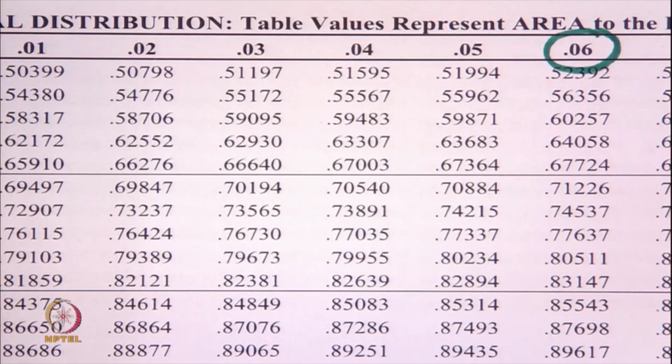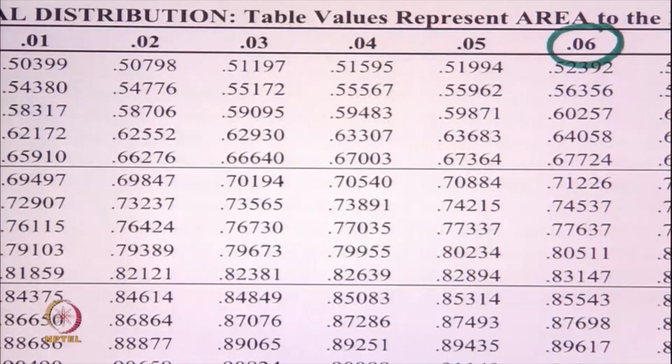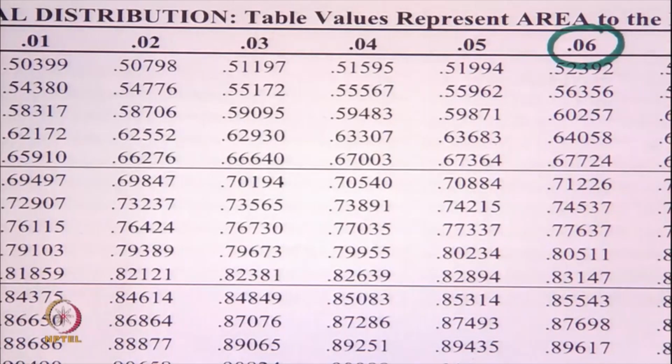In a similar way, suppose we want 99% confidence interval. Therefore, what will we be looking at? We will be looking at a value such that below that the probability of occurrence is going to be 0.995.